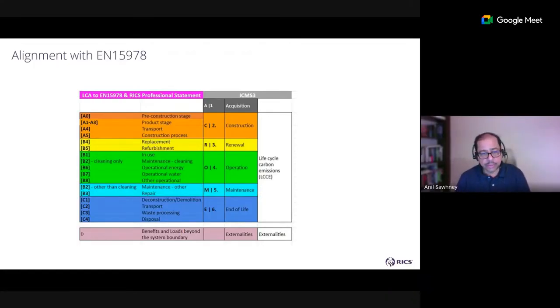B1, B2, B6, B7, B8 connect to O of the ACROM, the operation. The B2, B3 connect to the M in ACROM, which is the maintenance. C1, C2, C3, C4 connect with the end of life category in the ACROM category list. And module D, benefits and loads beyond the system boundary, connect to externalities as shown here. Okay, so that is what's needed to bring ICMS and WLCA together.